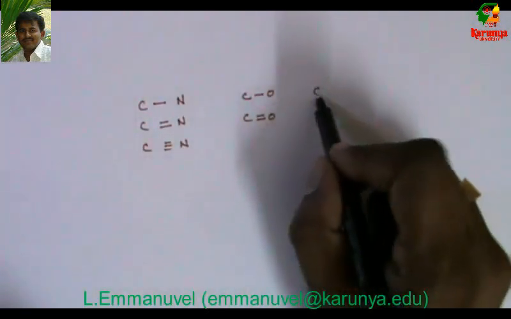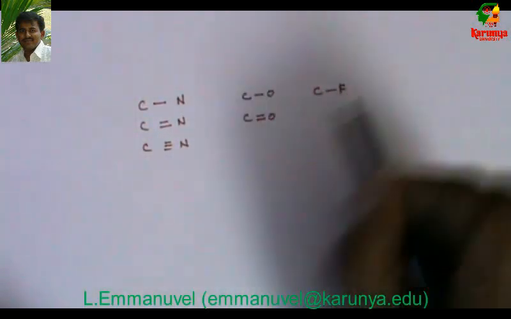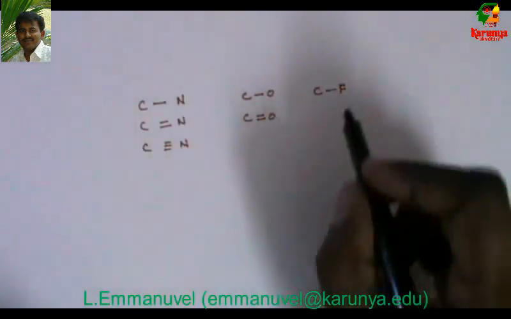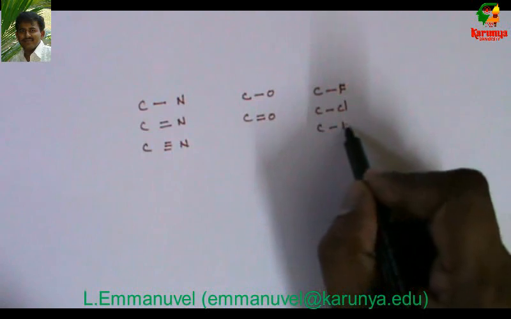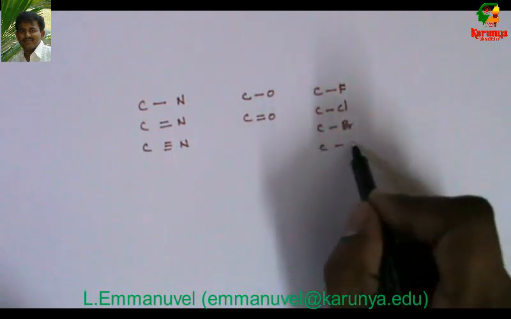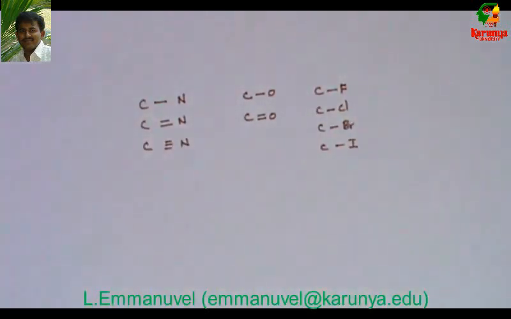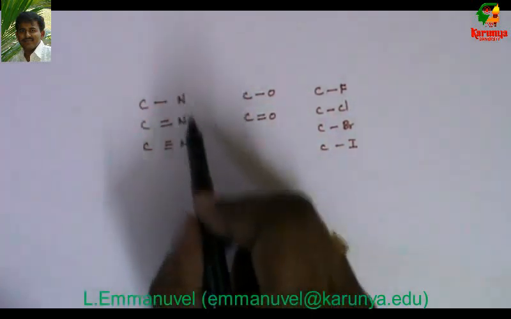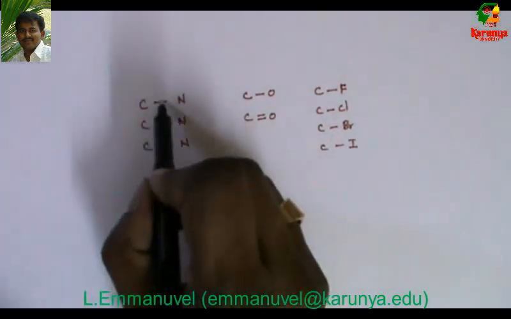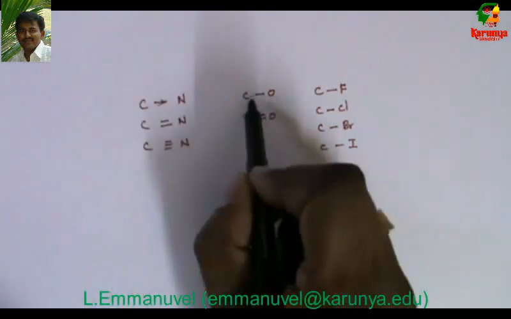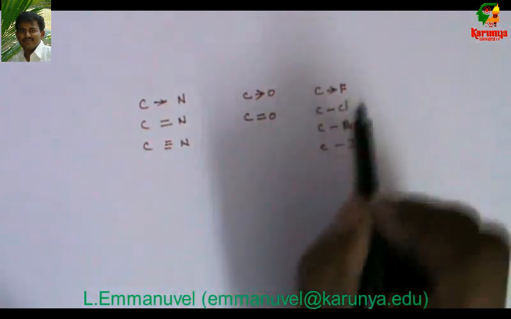The third one, carbon attached with halogens. It may be fluorine, chlorine, bromine, or iodine. Since these atoms are more electronegative, the electron in the bond is pulled towards the more electronegative atom.